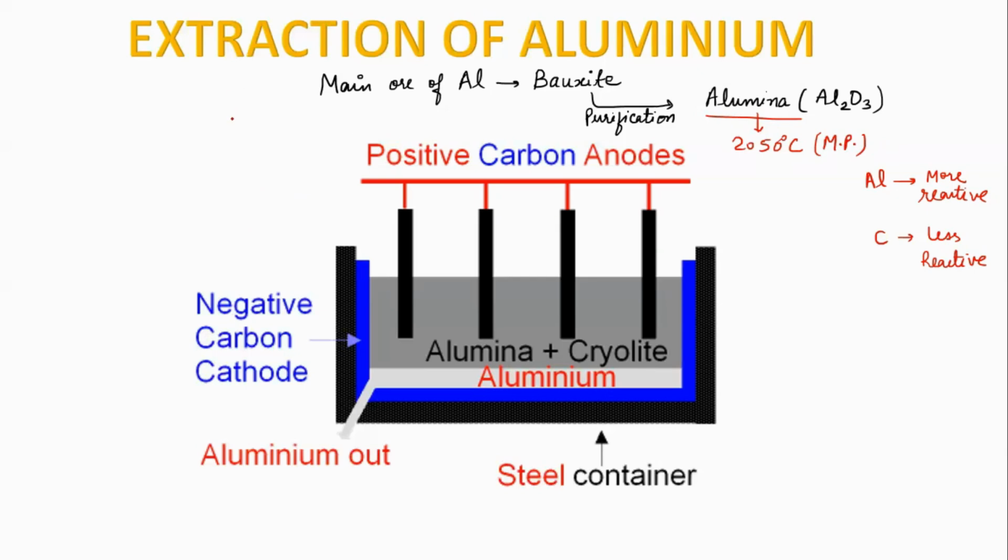Now, to make it economical, we use cryolite, which is Na3AlF6. Now, cryolite has two functions in aluminium extraction. First function is it decreases the melting point of the mixture.